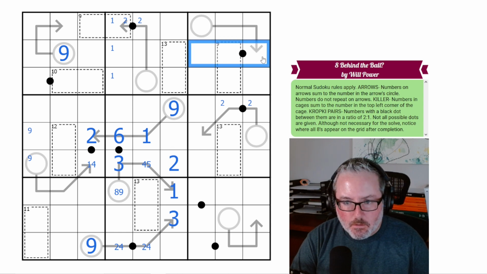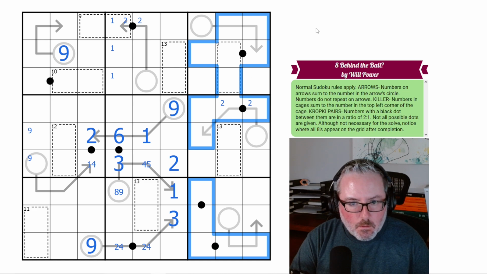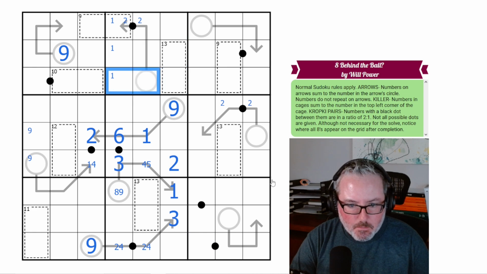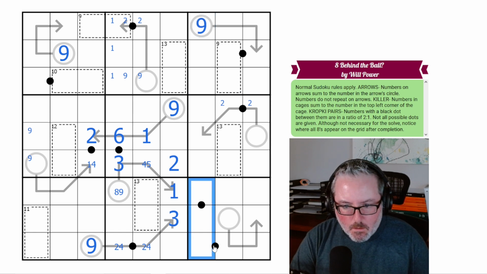What else can we show? I mean, clearly we can't put a 9 in a 9 killer cage. What else? None of these are 9s, so one of these has to be a 9. So that's ruling out all of these. Yep, so there we go. That's going to tell us this is a 9. None of these are 9s.